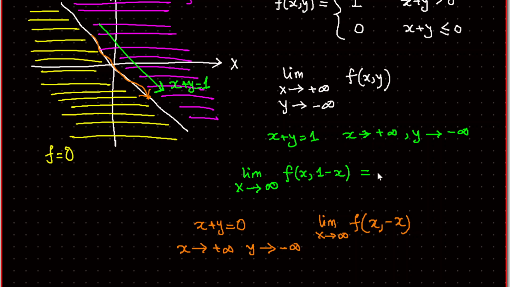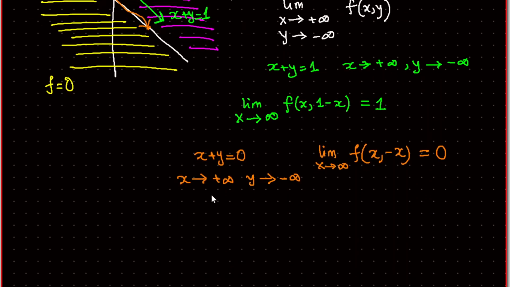This is equal to 1 and this is equal to 0. So for two different relationships between x and y, we are getting two different limits. That means the limit in total does not exist. So limit x going to positive infinity, y going to negative infinity, f of x comma y does not exist.